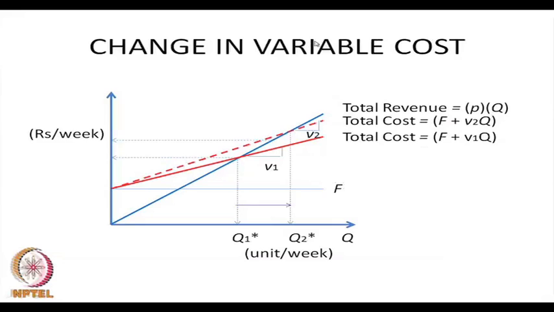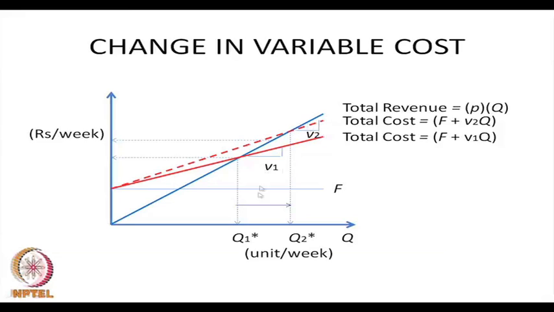Now, this is a case when we are considering, instead of fixed cost remaining same, if variable cost is more. This can happen when the slope changes. Suppose that the wage prices increase, the labor cost increases, or material cost increases, or power cost increases. If it happens, then the variable cost line will be steeper.